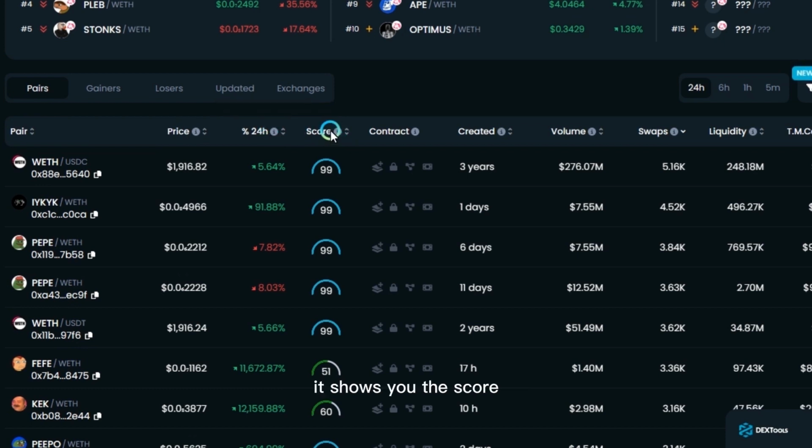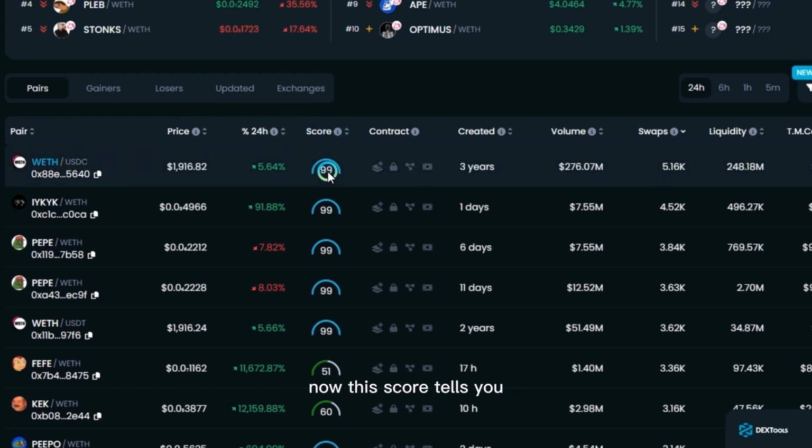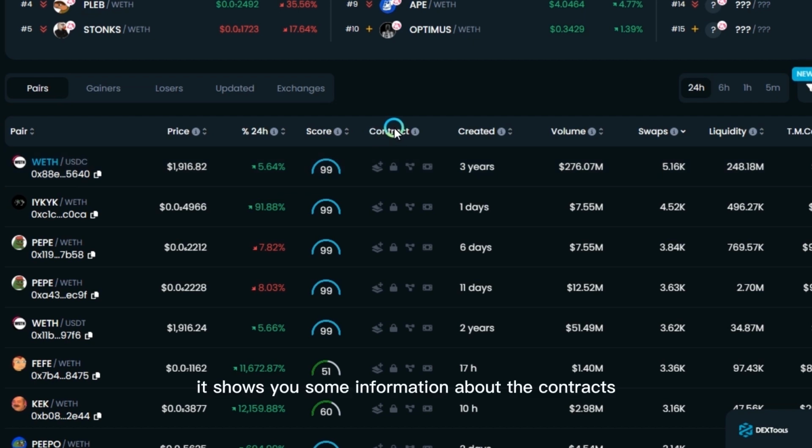It shows you the score. This score gives you an idea of some security features that have been integrated into the coin or token. We'll look into that as the video progresses. It shows you some information about the contract, if the contract has been audited, and some other info. When the particular DeFi coin was created, and the volume in 24 hours.